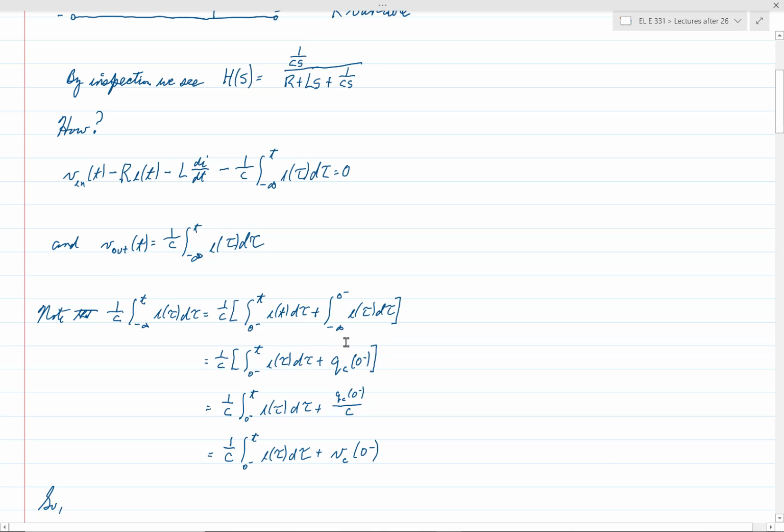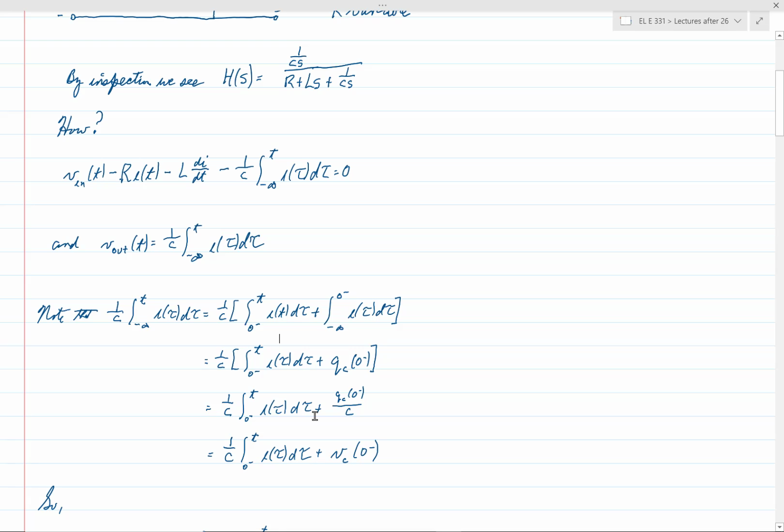And the reason to do that is that if you look on your tables in chapter 3, you don't have an entry for the Laplace transform of this entire integral, but you do have an entry for the Laplace transform of this. So that's the motivation for breaking up the integral in this way.